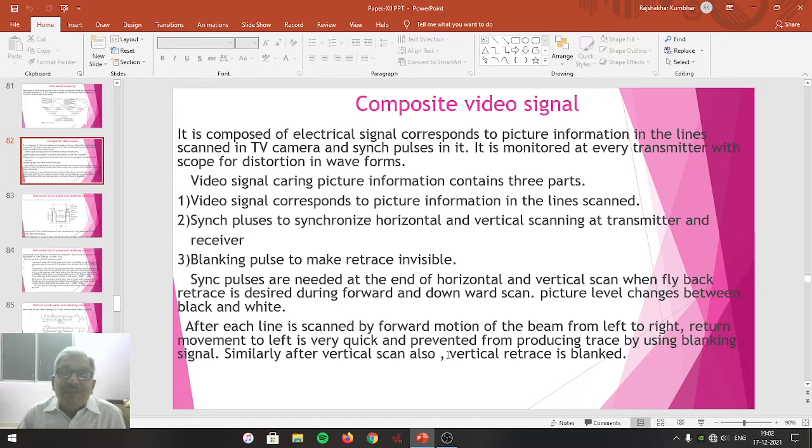They play a vital role to synchronize the transmission and reception with each other and also to keep the screen blank during horizontal as well as vertical retrace period.